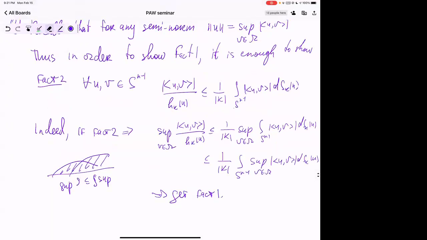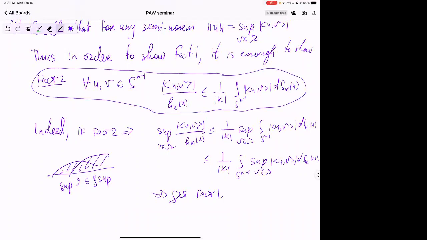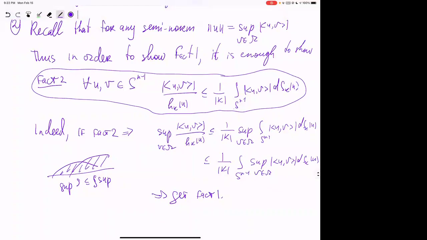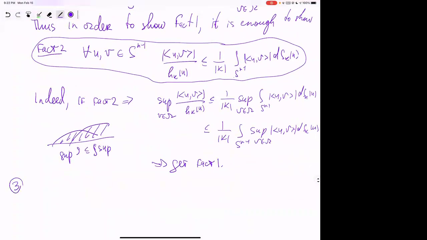So it's enough to have this, and it's enough to normalize ourselves on the sphere here because everything is homogeneous. Do you agree so far? I don't want to go too slow, but also I don't want to go too fast. Anyway, if we prove this, we're in good shape. We proved everything.